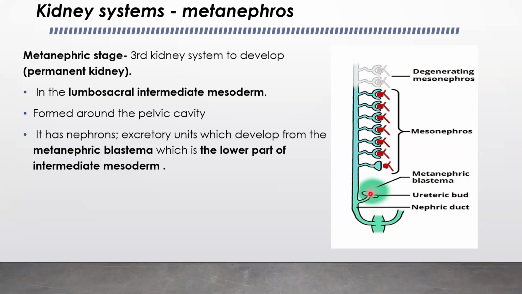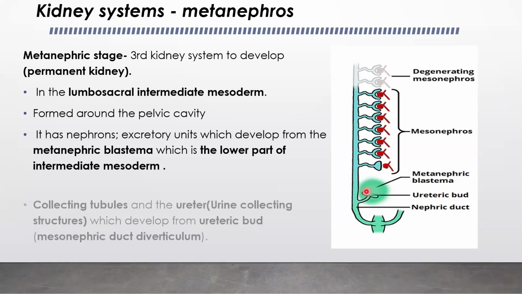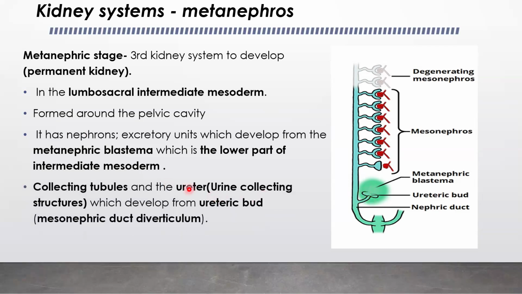So talk about now the collecting ducts, collecting tubules, and even the renal calyxes will be coming from the ureteric bud. So the collecting tubules and the ureter, the urine collecting structures, will develop from the ureteric bud. That is now the mesonephric duct diverticulum here that you can see, also known as the mesonephric duct diverticulum.